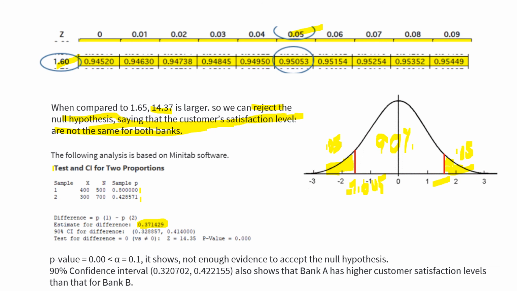Now, the P value, the probability value, is much less than 0.1. We were looking at 0.1 as the probability value. Only if it is greater than that would we accept the null hypothesis. But if it is less than 0.1, then we need to reject the null hypothesis.